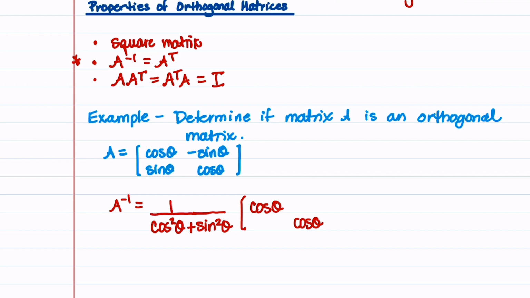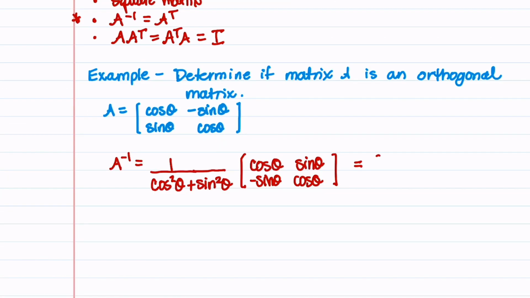Those two change, but they're the same, so they remain the same. And then the sign changes on these other ones. So this is equal to cosine theta, minus sine theta, and then sine theta, cosine theta, because cosine squared theta plus sine squared theta is equal to 1.